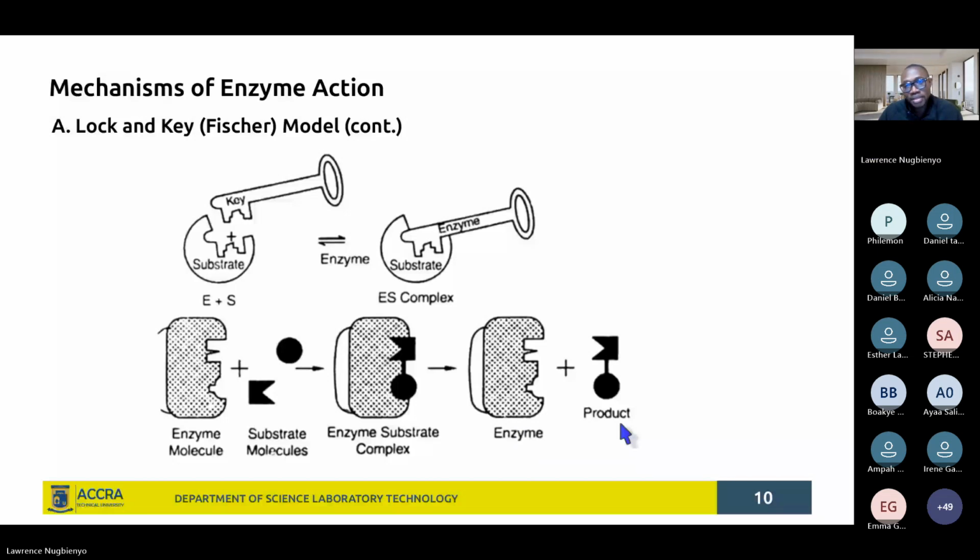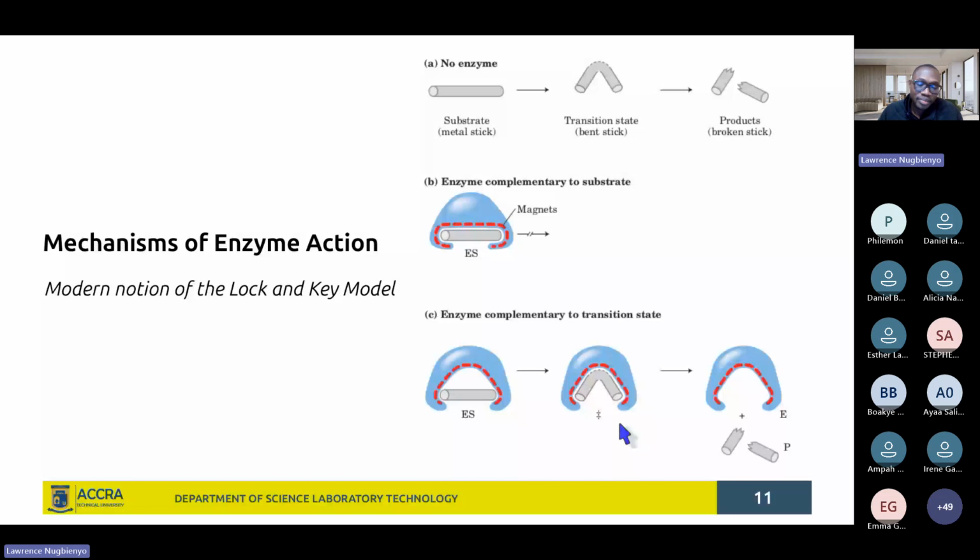Now, the problem with that proposal, as time went on, studying enzyme activity, was this.